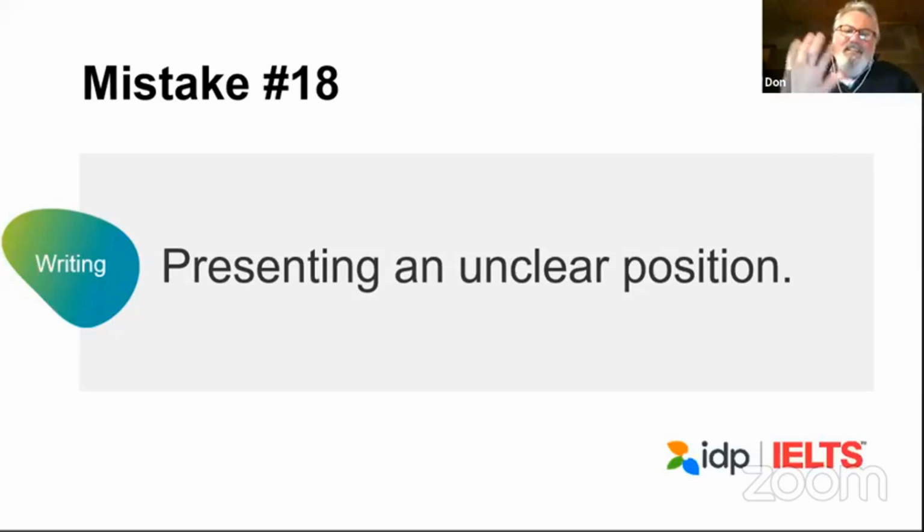Don't say there are many sides to this question. Don't say this is a big problem without saying what you think. I think, I believe, in my opinion. Use these words in your task 2 essay because that is what the examiner is looking for.